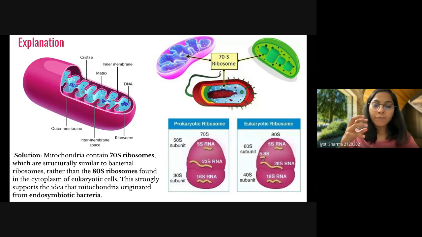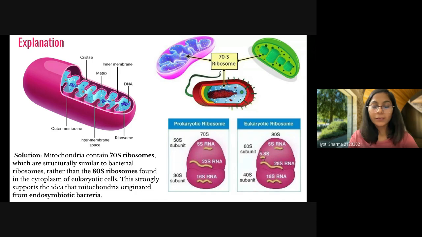The prokaryotic ribosome, based on size and shape, is known as 70S, and the eukaryotic ribosome is 80S. So in the mitochondria we have 70S ribosomes, but in the cytoplasm we have 80S ribosomes.